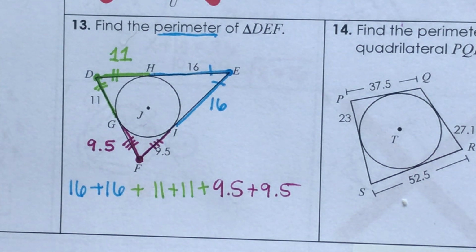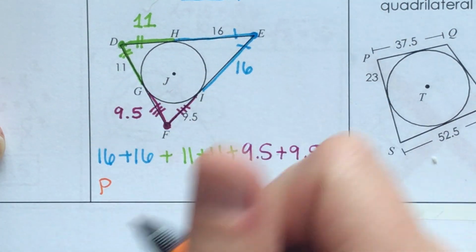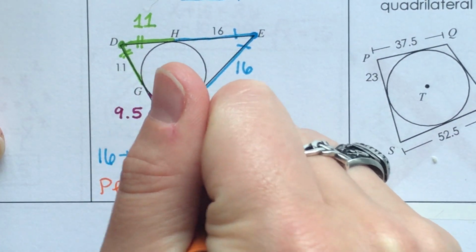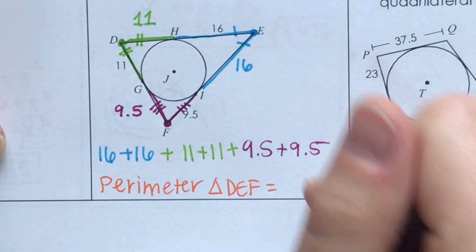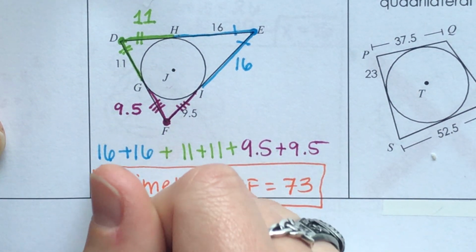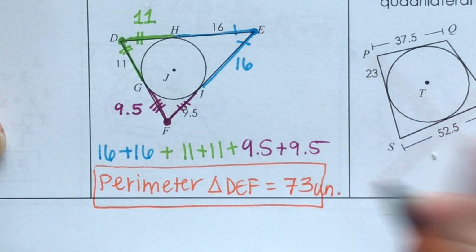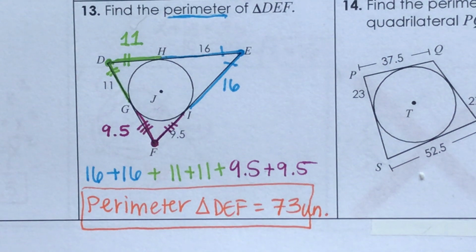Either one works. So if I add them all together, my perimeter of triangle DEF is equal to 73. And I don't have a label, so I can put 73 units. If you're not given inches or centimeters, you can just put units there.